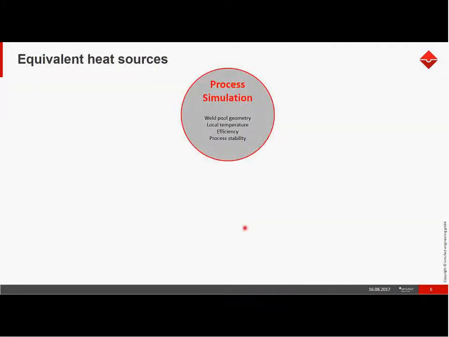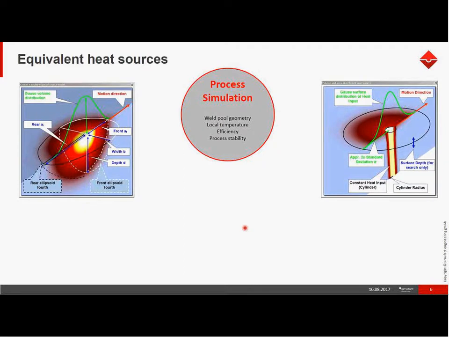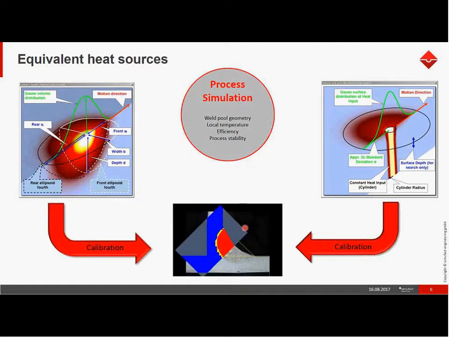The idea of how we can link all these three parts together is that we use something called an equivalent heat source. An equivalent heat source is a three-dimensional energy input, a representation of the process simulation itself. This needs to be calibrated, of course.